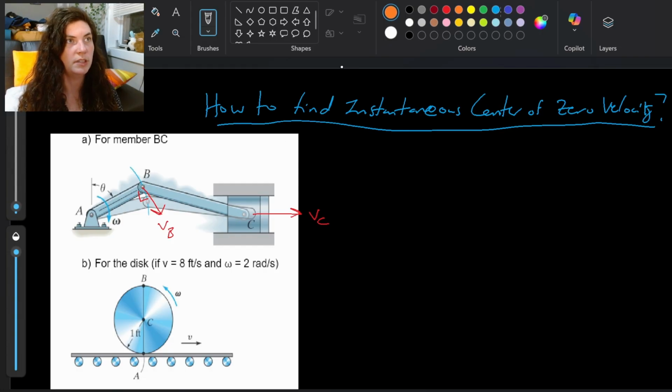I'm going to draw my perpendicular line straight out from AB there, and then my perpendicular line straight up. That's not straight. Let's try again. My little trackpad isn't always the easiest to write on. Now that's vertical. And we find this point where they intersect. That's the location of our instantaneous center of zero velocity.